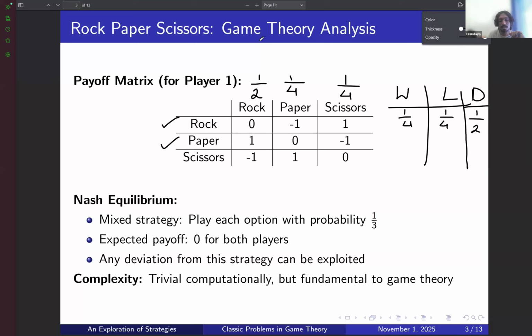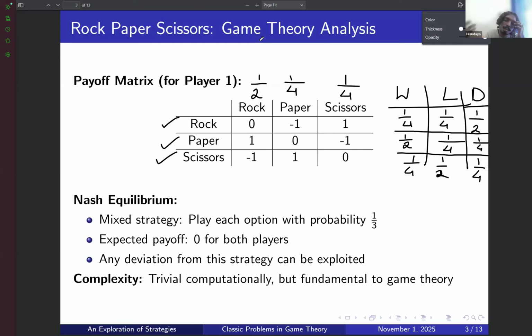The win probability is 1/2, the draw is 1/4, the loss is 1/4. And similarly for scissors? Loss is 1/2, win is 1/4, and draw is also 1 by 4. Right?